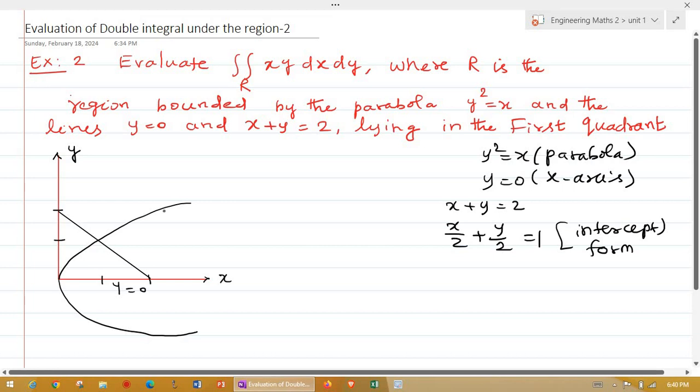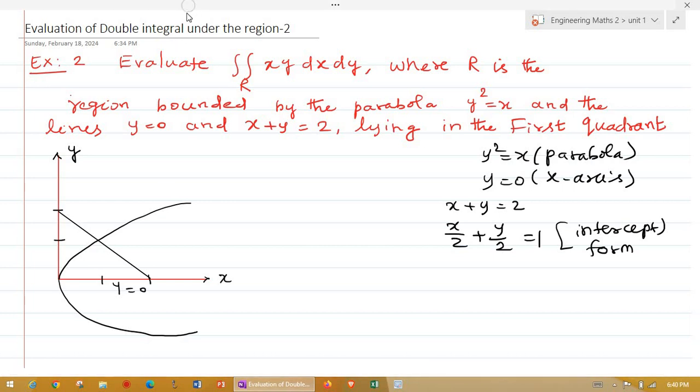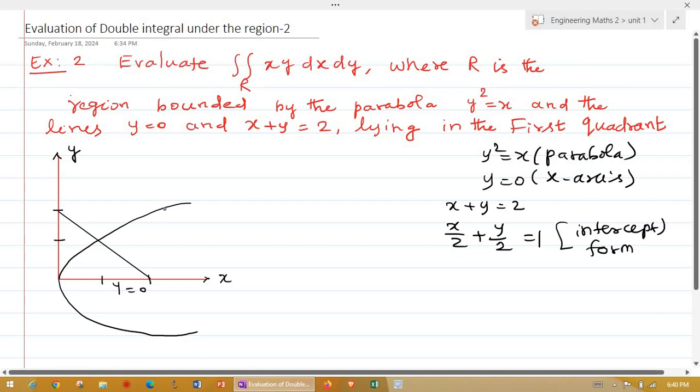This curve is y square equal to x, and this straight line is x plus y equal to 2, lying in the first quadrant.